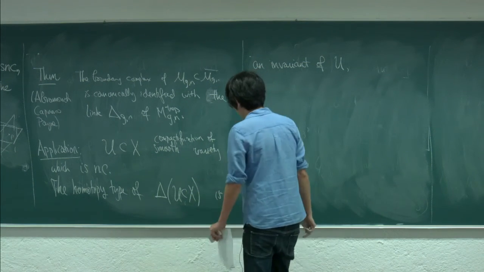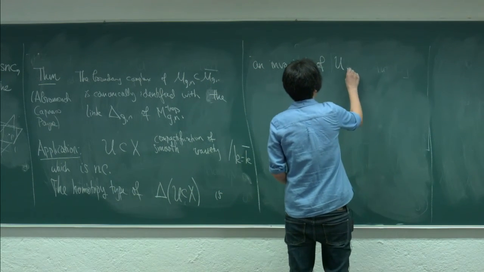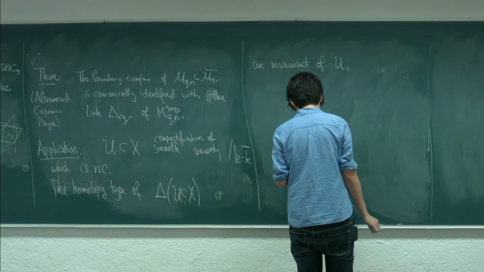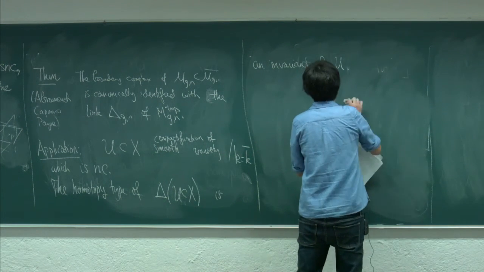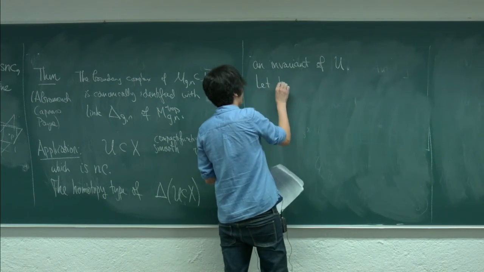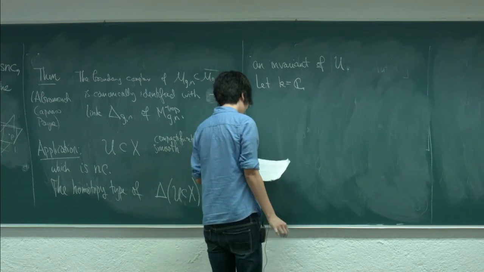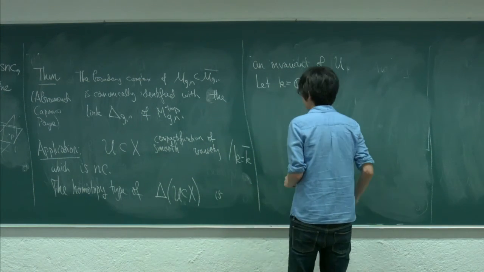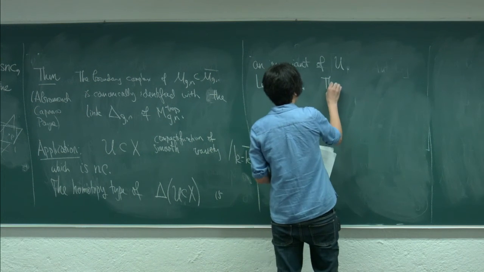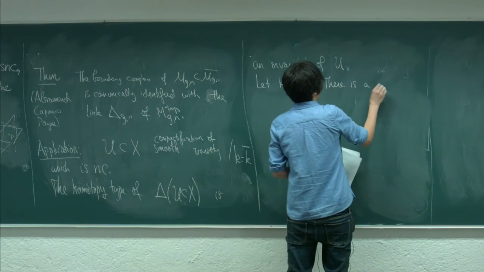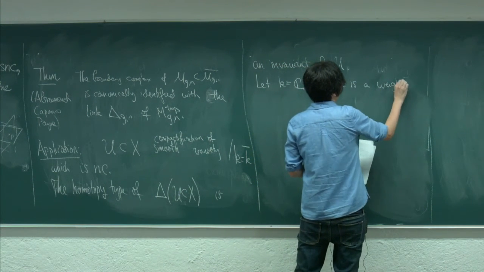And that correspondence can be made even stronger. So let's set K to be the complex numbers for the rest of the discussion. And I'll state that there is a weight filtration.